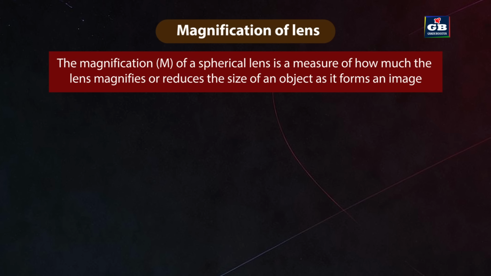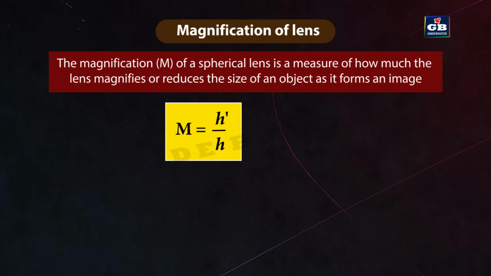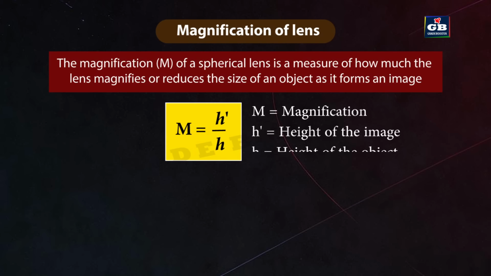The magnification m of a spherical lens is a measure of how much the lens magnifies or reduces the size of an object as it forms an image. Magnification is calculated using the following formula: m = h'/h. Magnification is represented by the letter m. If h is the height of the object and h' is the height of the image given by a lens.